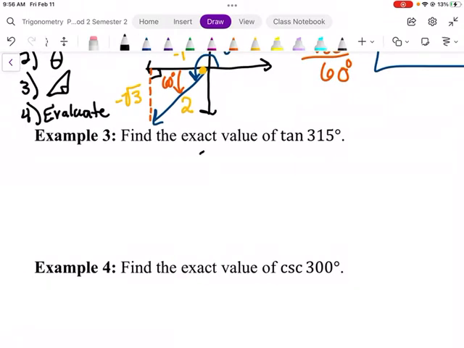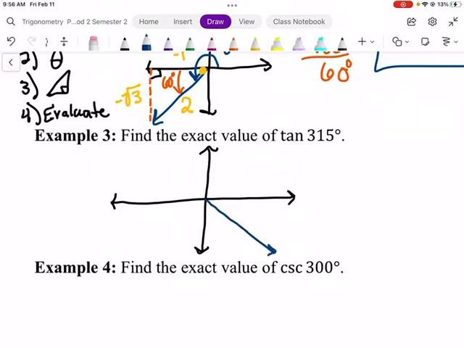Now, let's follow those same steps to do number 3. So we're going to start by drawing our picture, and this one is 315 going around. Then we're going to find our reference angle. So this one, to find that, we're going to take 360 minus 315, and we're going to end up with 45 degrees.